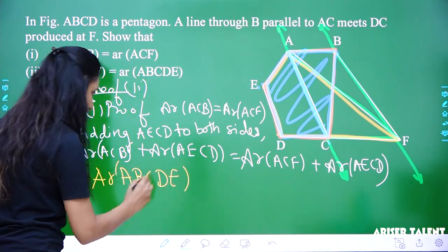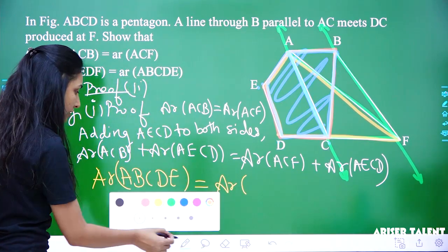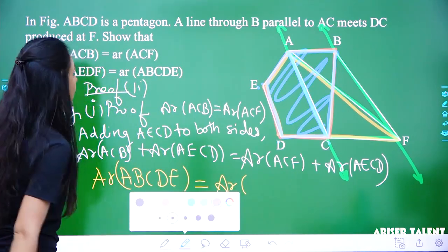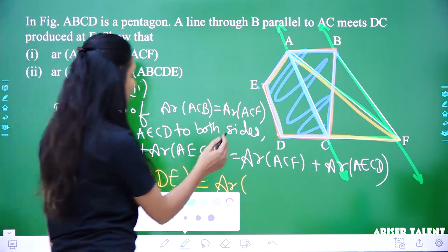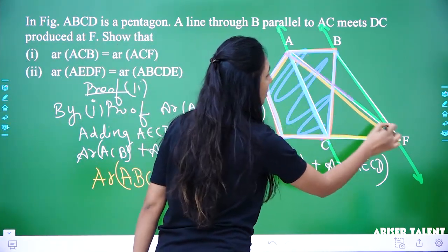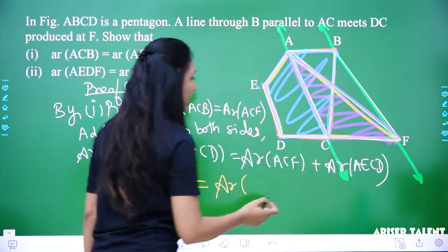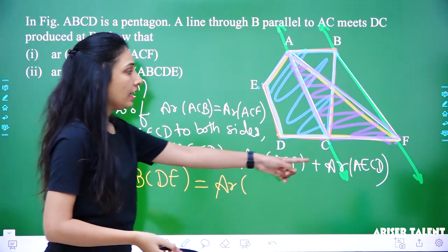This area ABCDE will be equal to these two areas, which make area ACF, this is the ACF area, and again the common area AECD.